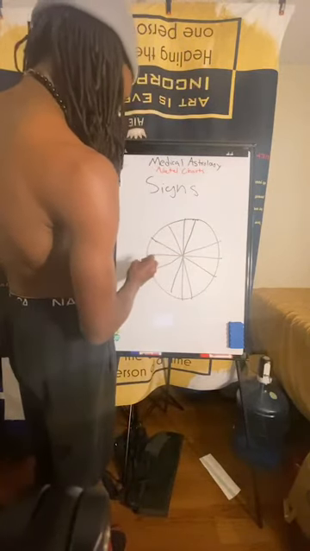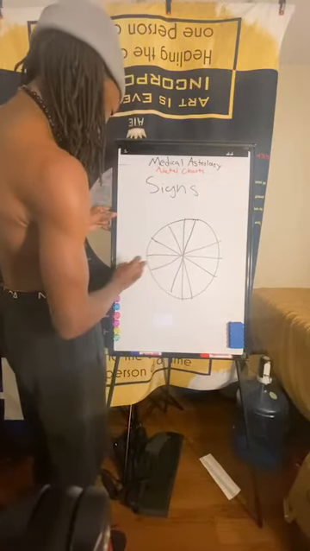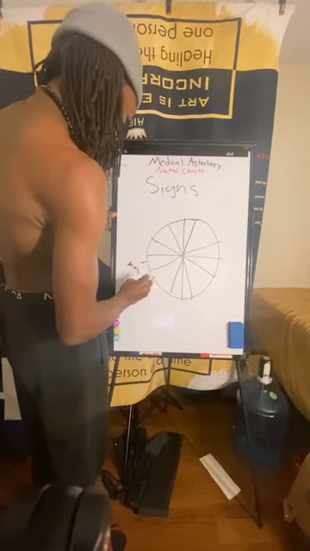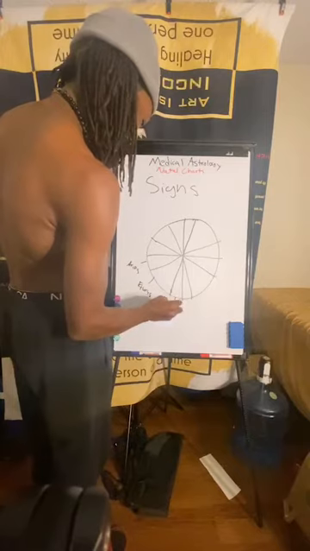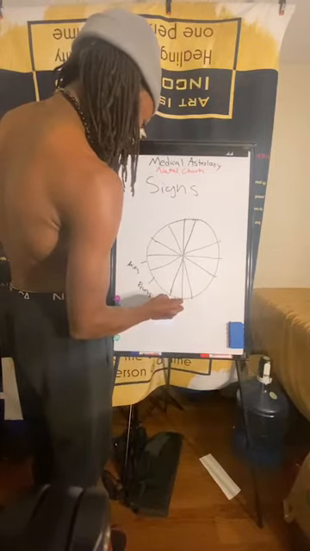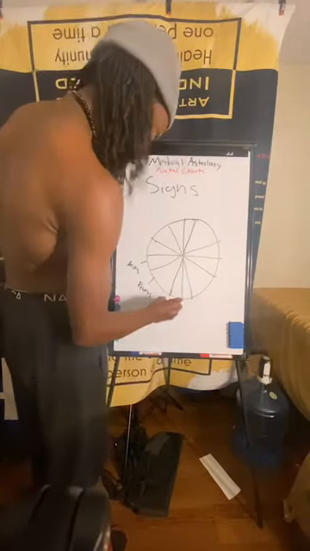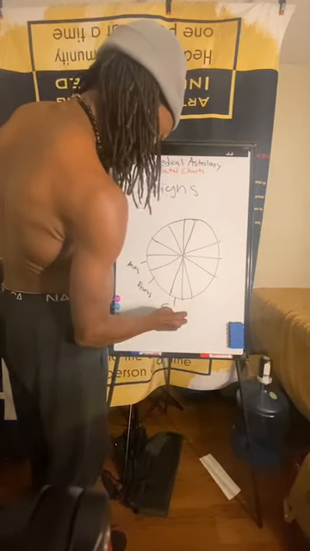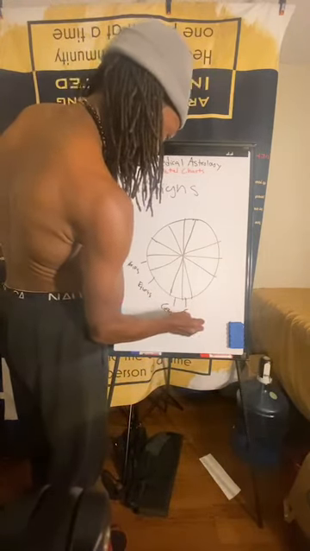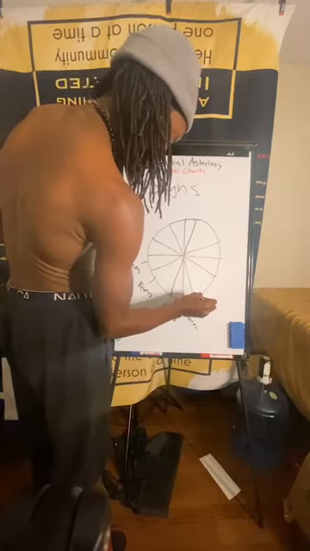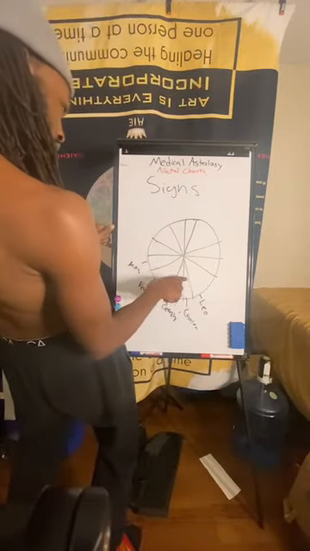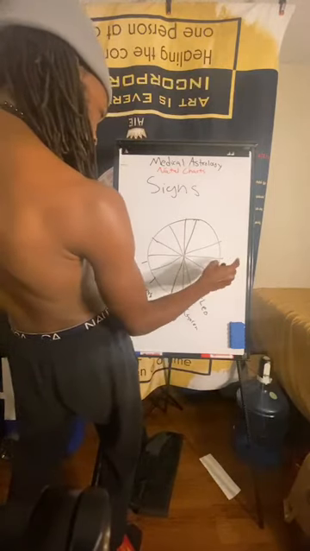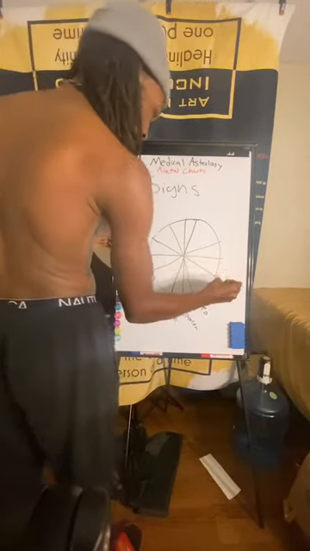So we have Aries, Taurus, Gemini. This is Cancer. This is Leo. This is a terrible drawing. This does not look right. I messed some things up, but we'll figure it out.